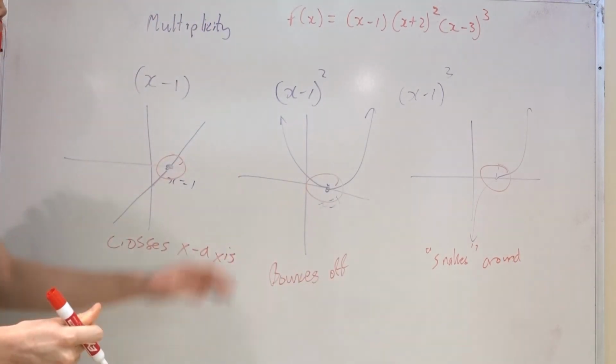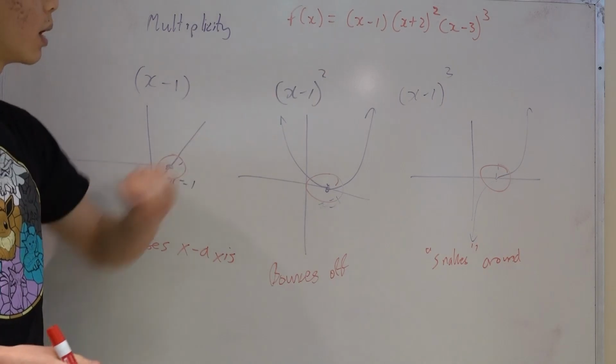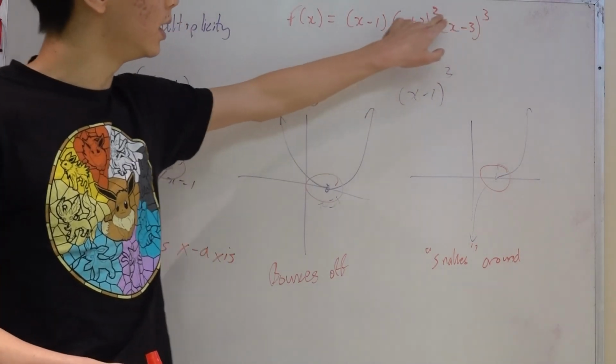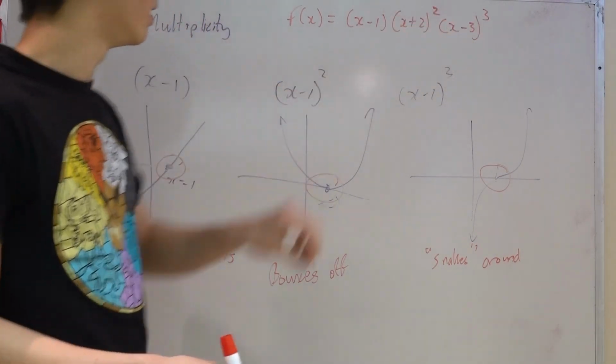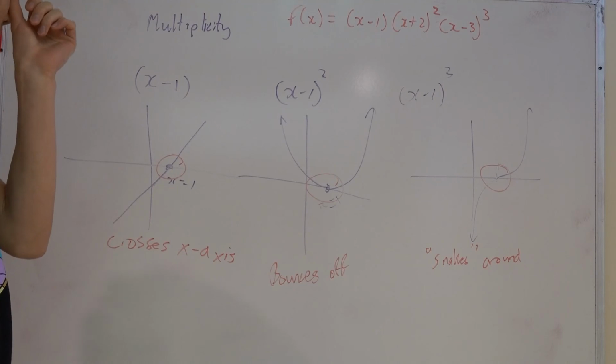Okay, it's not going to be the exact same thing as what we had in the first couple of cases. So these multiplicities, these powers up here, they can throw in some extra levels of detail, right? And those details are exactly what you see here.